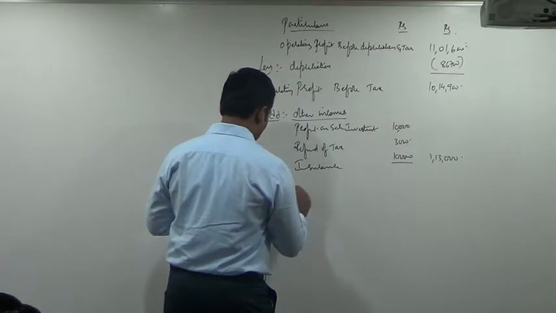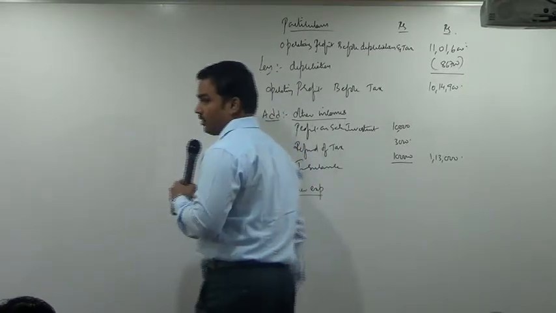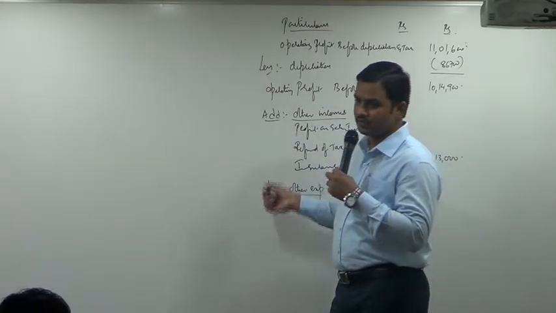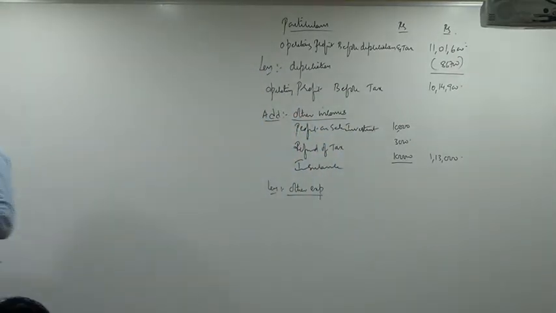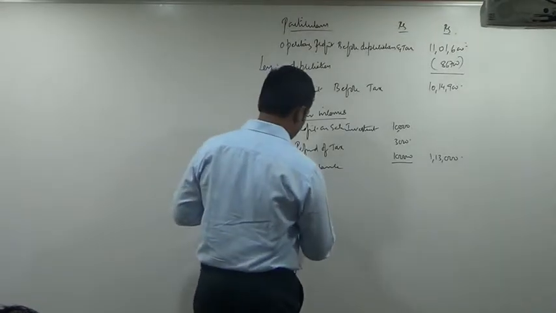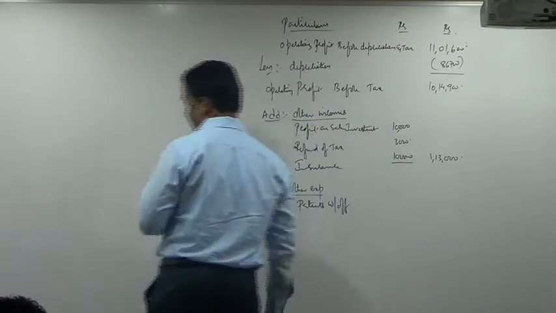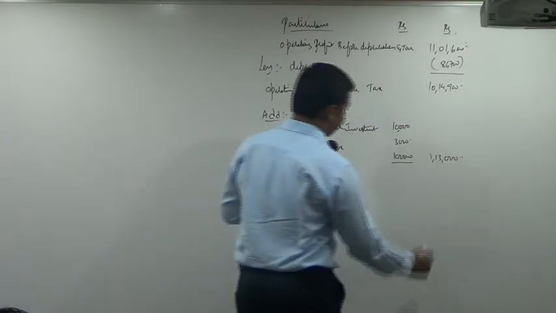Less other expenses. We can also call them exceptional or extraordinary items. Other expenses. Patents written off. How much is the patents written off? 35,000. That's it.